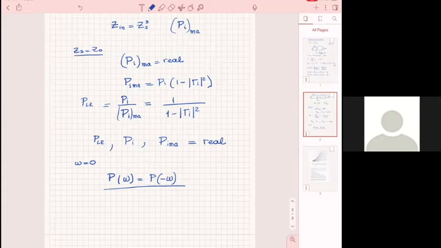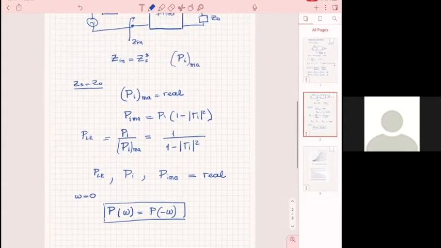Even if a frequency is also a real entity, when we say we have 5 gigahertz, we mean positive 5G. We don't mean negative 5G, all right? So the Fourier domain is an analytical mathematical domain. Frequencies are real entities in the time domain. But when we start talking about how a function behaves as a function of frequency, you may see what I have here. Why is this important for us?